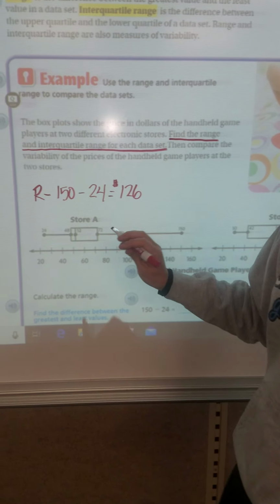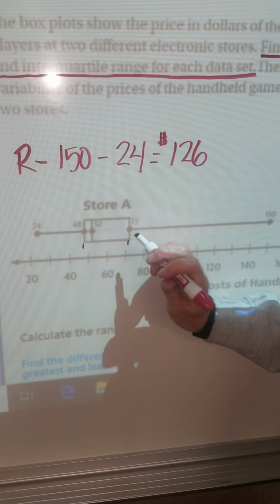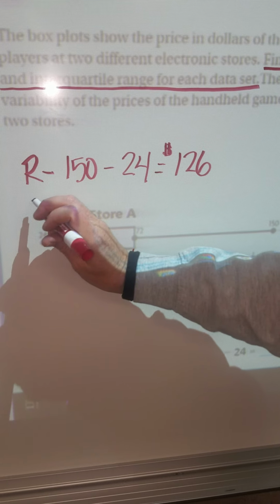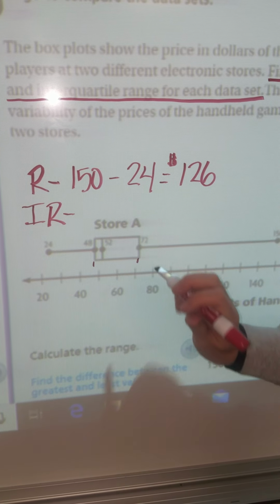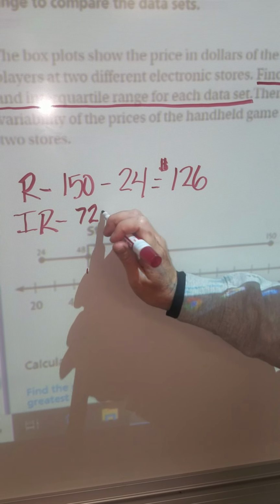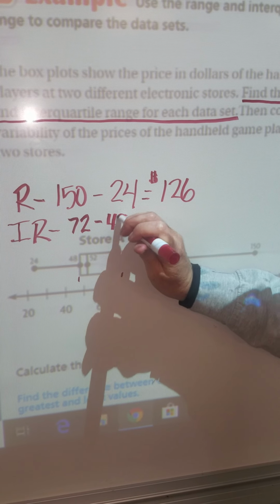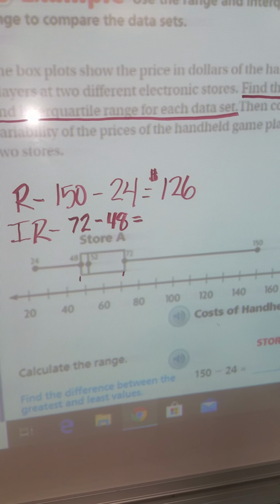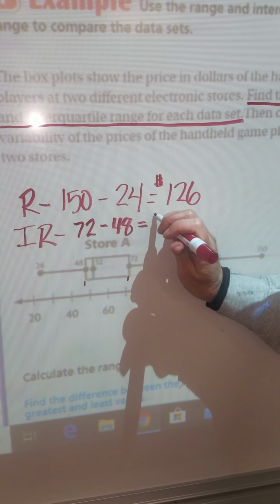But when we look at this middle part, the interquartile range, from our upper quartile to the lower quartile, to find the interquartile range, we take the upper quartile, which in this case is 72, minus the lower quartile, which is 48. 72 minus 48 is 24.